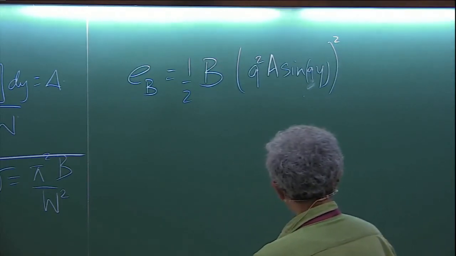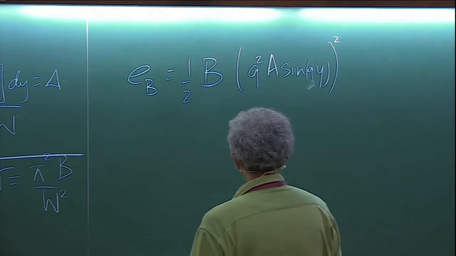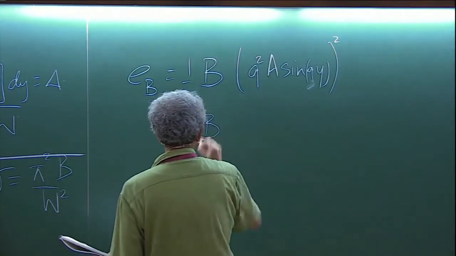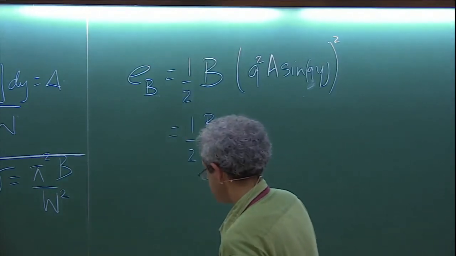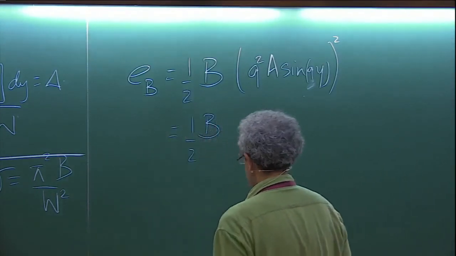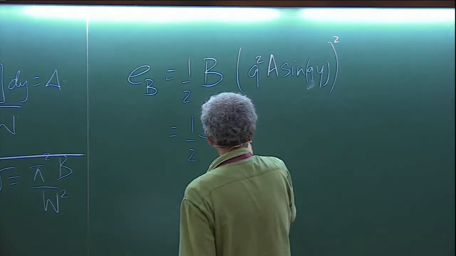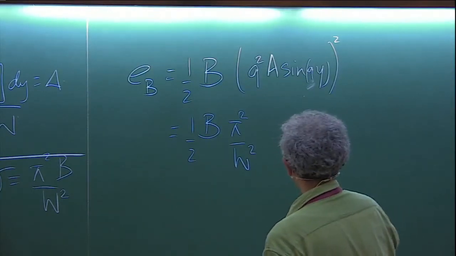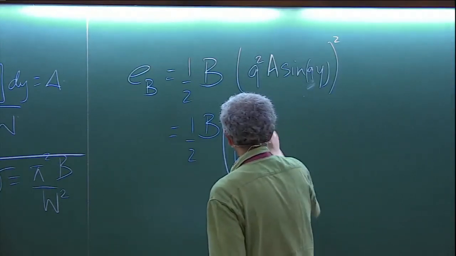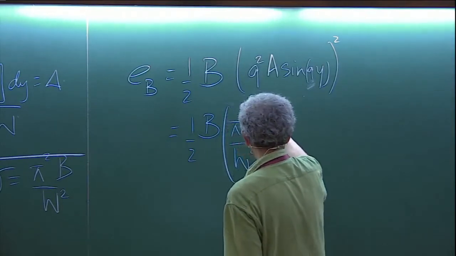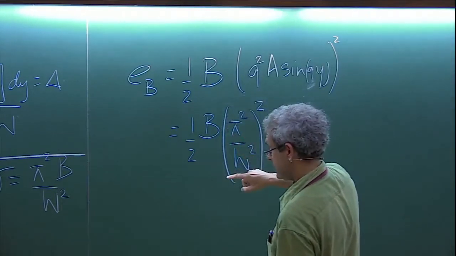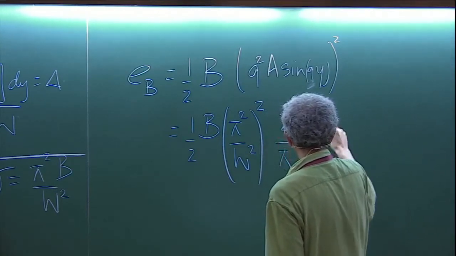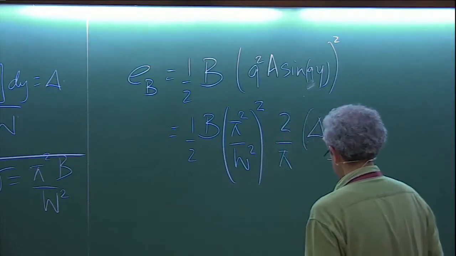Let's start putting in things for this. So this is a half, a B, a y squared over W squared, and an A, this quantity squared, and an A squared, which is 2 over pi delta W. Okay?